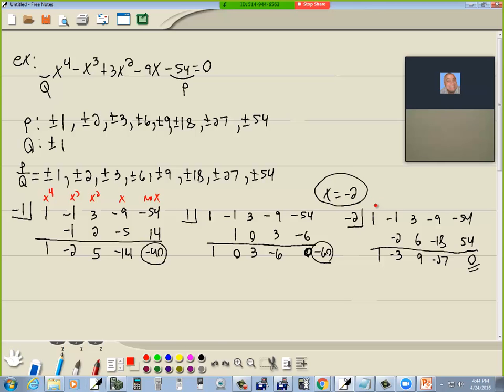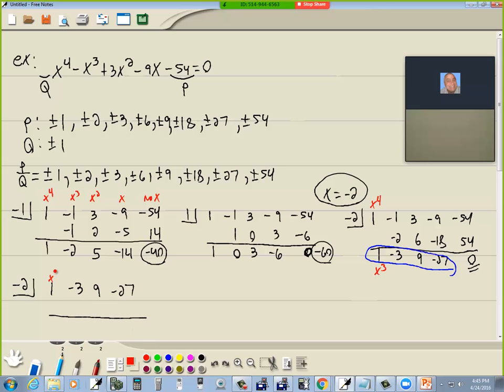Now this was x to the fourth, and that took it down to x to the third. There's nothing saying that answer doesn't repeat, so we're going to try negative 2 again, but the line we're going to work with from now on is this right here. After you find your first answer, you work with the new line.